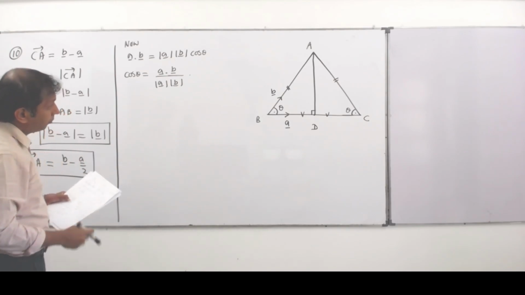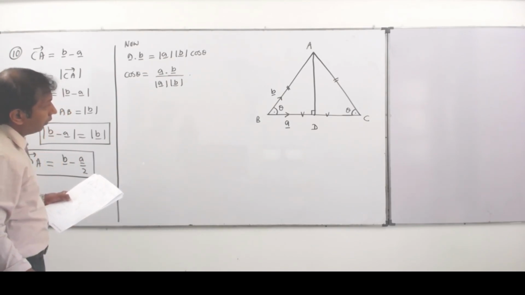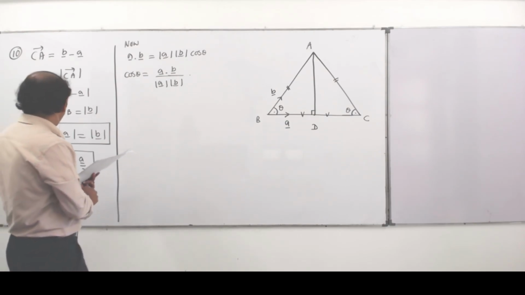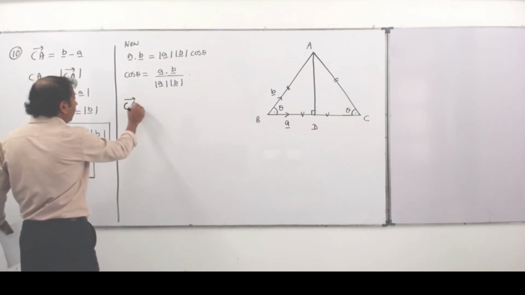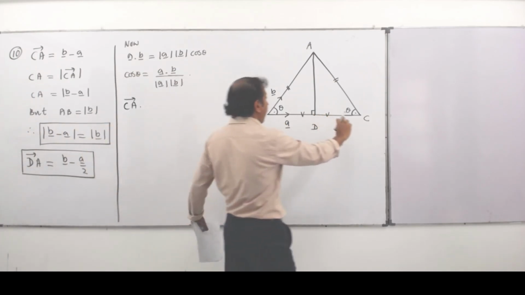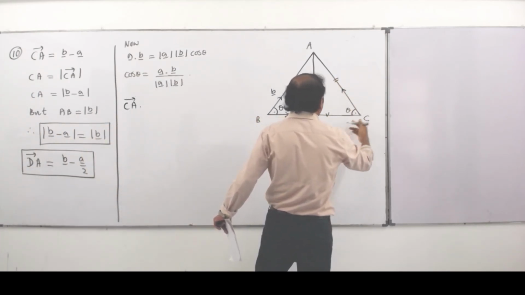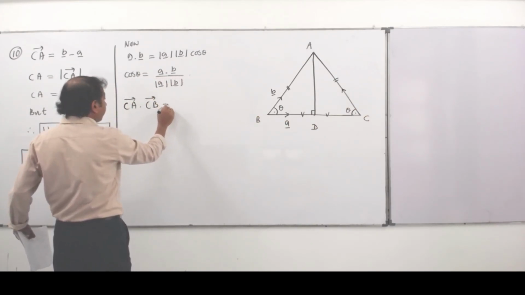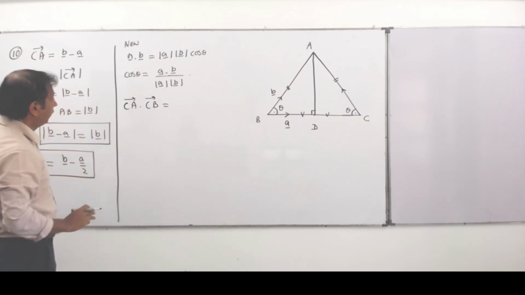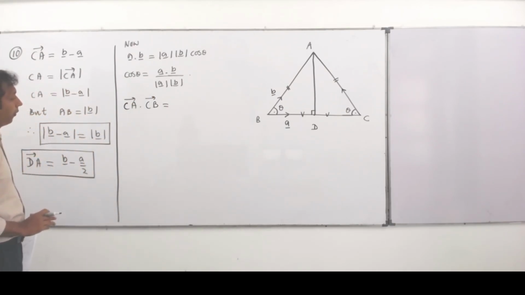Next one we can take this dot product between CA, CB. Right? CA, CB. What do you get there?